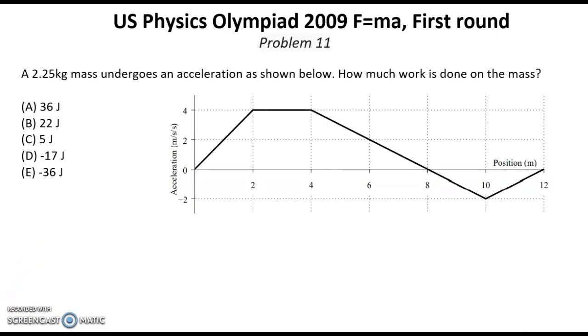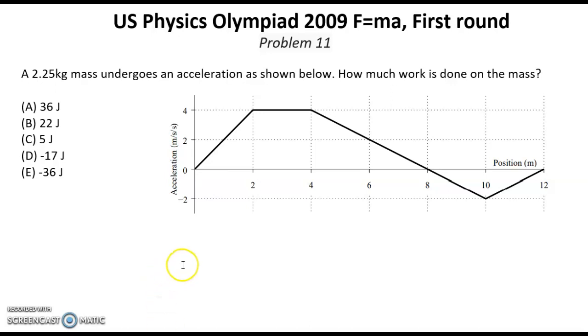Problem number 11. A 2.25 kilogram mass undergoes an acceleration as shown on this graph. How much work is done on the mass? Solution. First, let's write the equation for work.